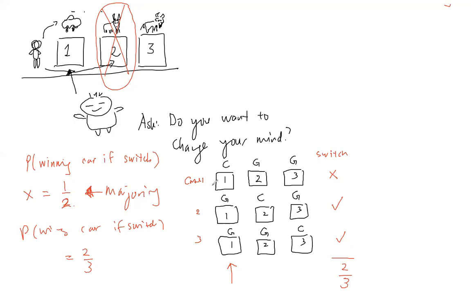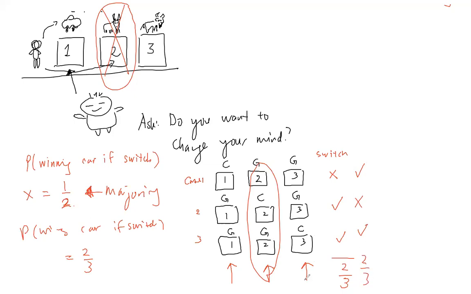You can do a similar analysis. It doesn't matter if you fix the choice to door 2 or door 3. You can actually check. If you fix it to door 2 and you switch, you will win. If you pick this, the host is going to show you this G, and you will switch, you get C. And then here, you will miss it, and here you will get the car.